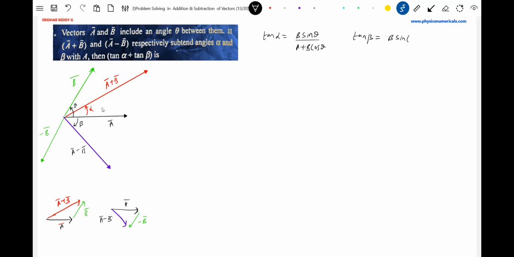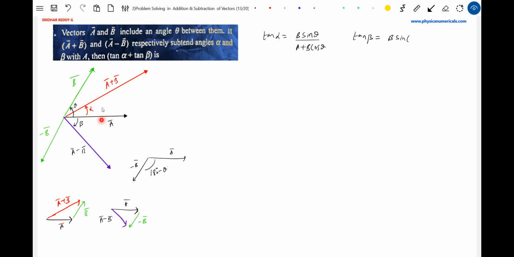What is the angle between A bar and minus B bar? Finding it difficult? Just put the angle.